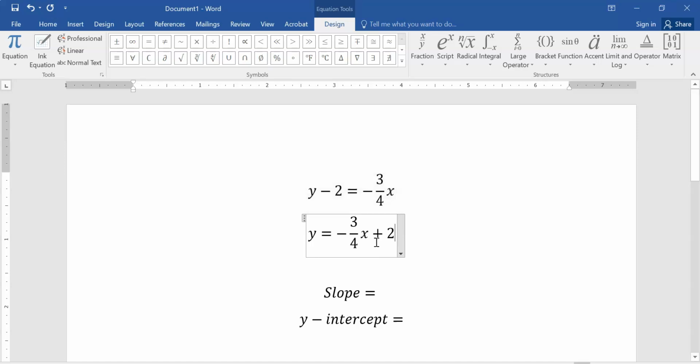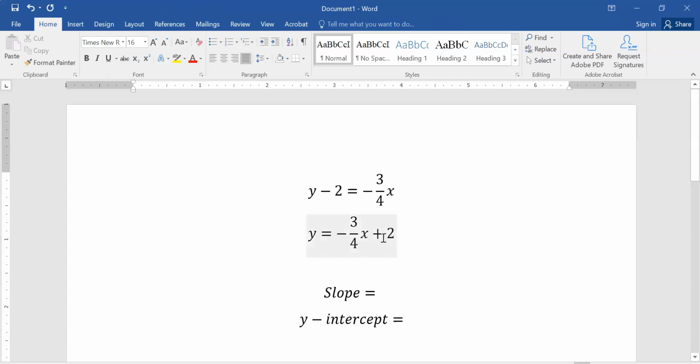By the way, I put the plus 2 on the right part of the right-hand side just so that we have our slope-intercept form met, instead of having 2 minus 3/4 x. The slope-intercept form traditionally always has the term with the x in front and the constant term on the right.